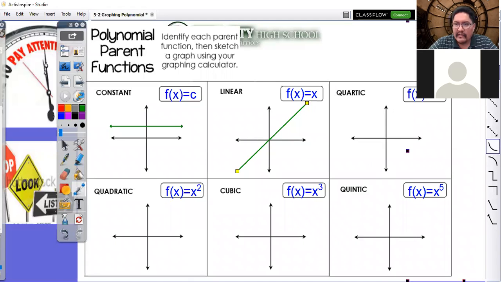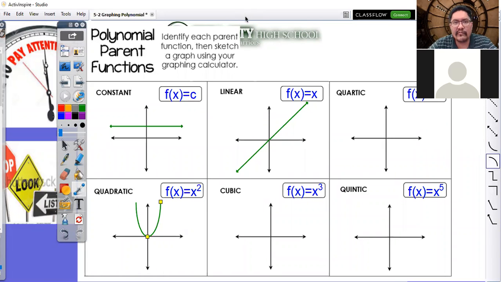So the quadratic, again, no big surprise. Just do our best to draw a parabola. It's a little bit parabolic shaped like that. And the cubic one, hopefully you remember that one.